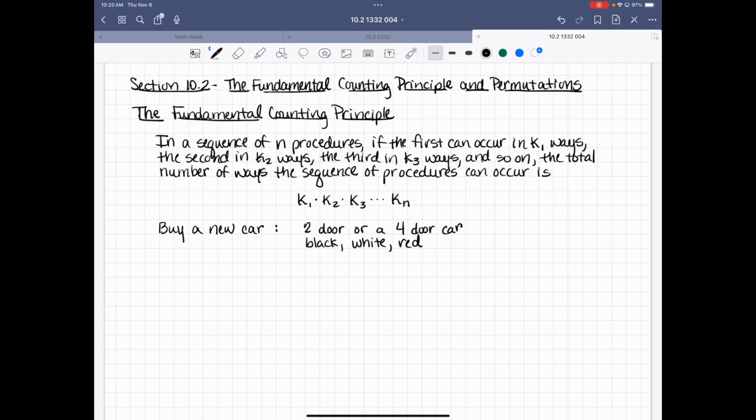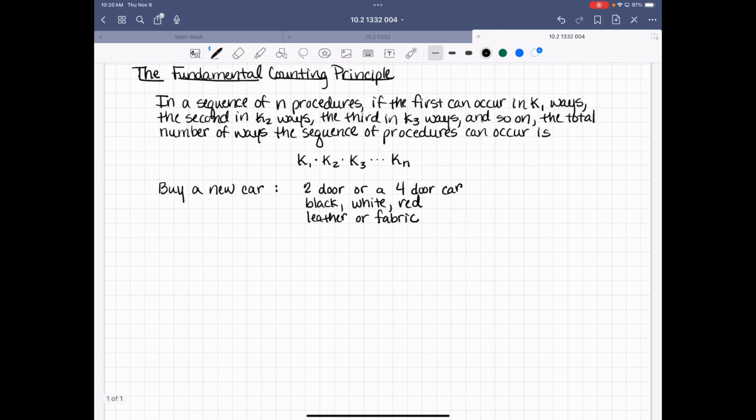And then I have the option of getting them in leather, the interior in leather, or fabric. So my question for you is how many different options of cars are there? Do I have to choose from on that lot? So I can do a 2-door or a 4-door, black, white, red of either one, and then leather or fabric in either one of those colors. So here's what I have to choose from.